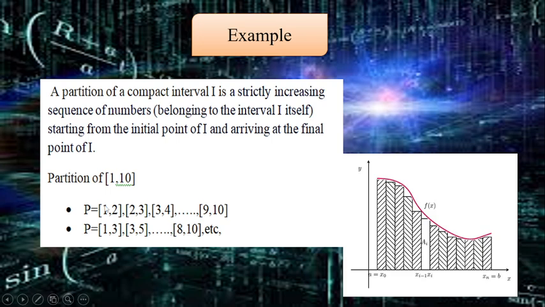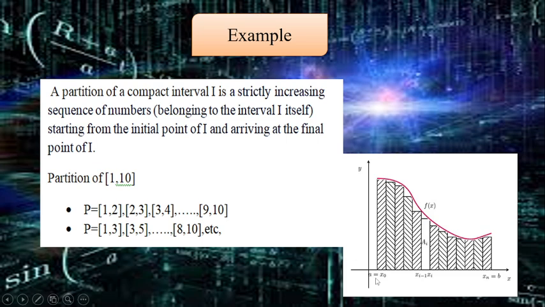One type of partition is with length 1: we are just defining 1, 2, 2, 3, 3, 4, etc., 9, 10. Another type of partition is with length 2, that is 1, 3, 3, 5, 8, 10, etc. So let's look into this figure.